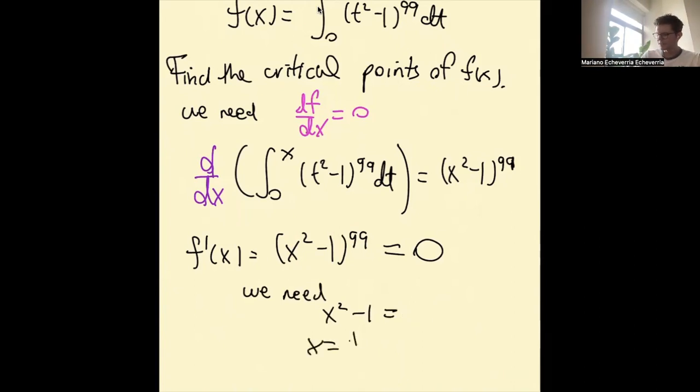Another way to think about it is that you can take the 99th root on both sides of the equation, but that's maybe a little more confusing. You just think, this is the same expression multiplied with itself 99 times. So the only way for the product to be zero is if at least one of them is zero, but all of them are the same. That forces x squared to be plus or minus 1. Is that making sense?